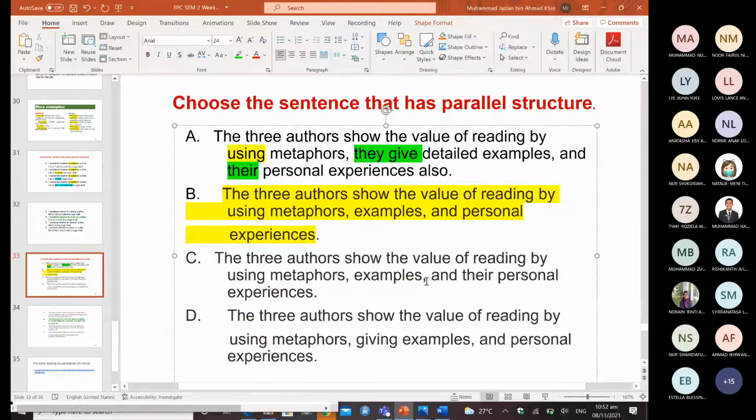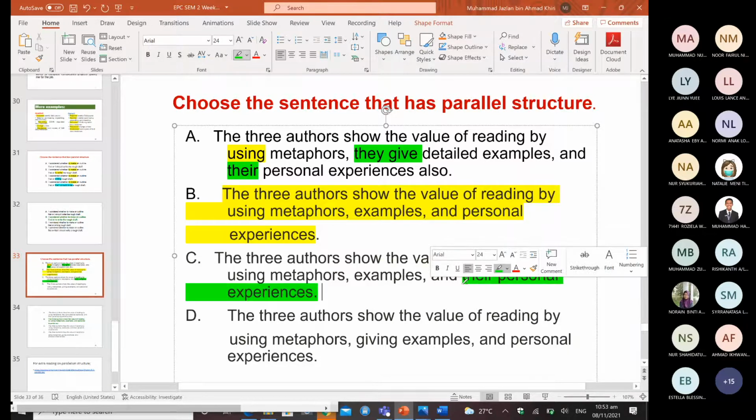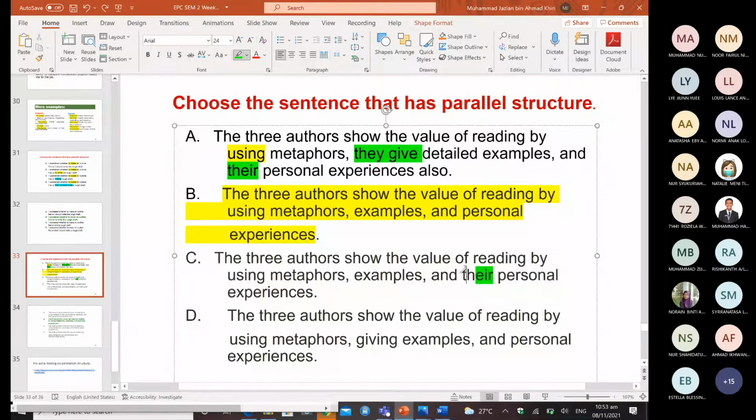While on the other hand, C is similar to A, there is the pronoun "their" in the sentence. But the word "their" doesn't appear before "examples" or "using metaphors." It could have been correct for A and C if the author writes instead "by using their metaphors, their examples, and their personal experiences." That would have made it parallelism.